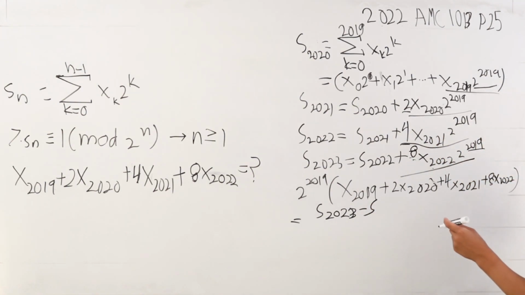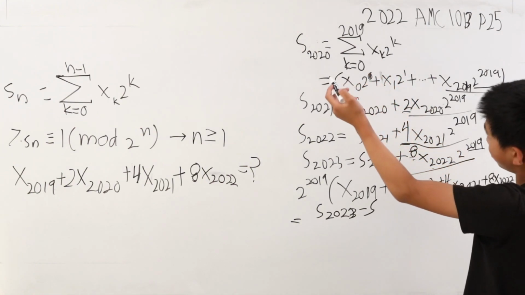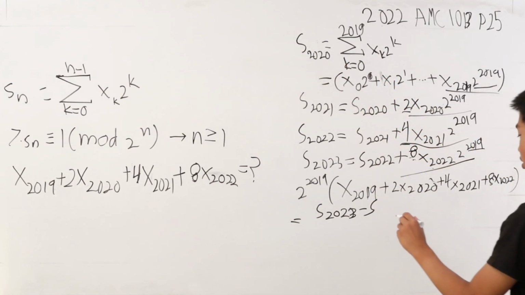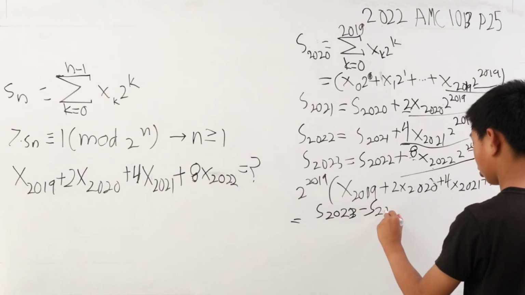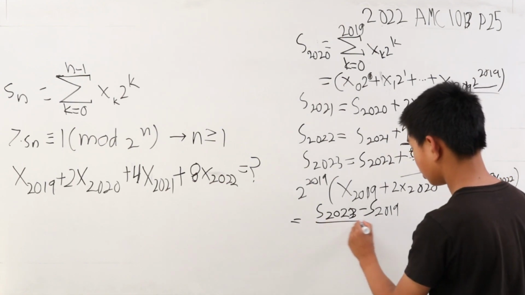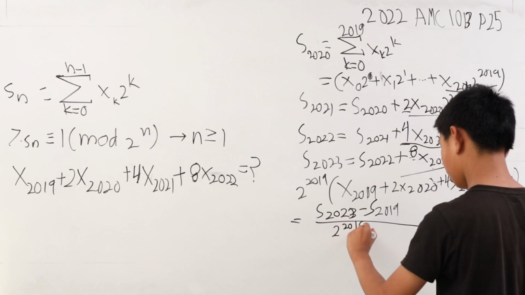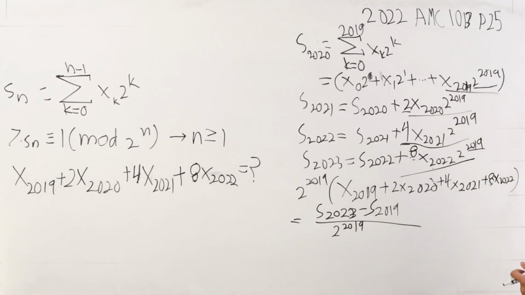The first term we plugged in was S of 2020, so we subtract S of 2019 because those are all of the other values. Now you still have to divide by 2 to the power of 2019. And our first step is complete.